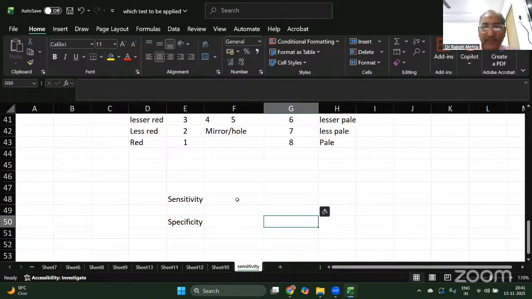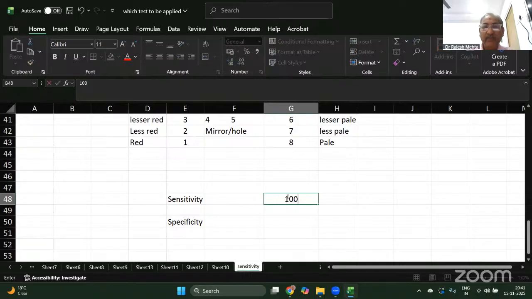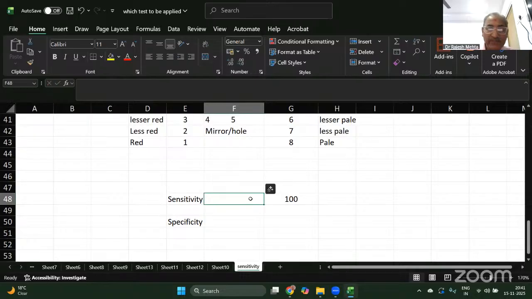Now, sensitivity is the ability of a test to find out the maximum out of the total. If the total is 100 and this test is able to find 100 out of 100, then it is 100%. If this test is able to find 80 cases, sensitivity is 80%.